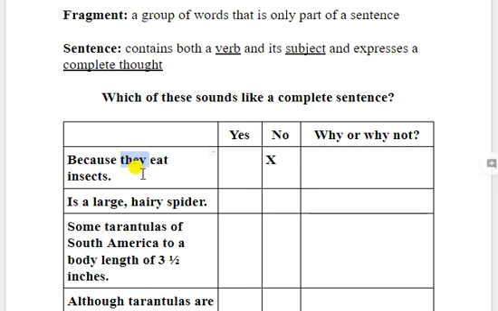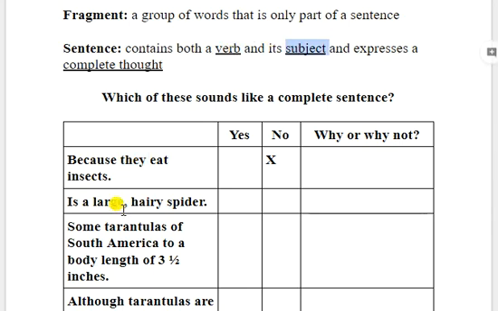Now, some students get hung up on that, and they say, well, there is no subject because we don't know who they is. They is the subject. Now, presumably, if this were in an essay of some sort or an article, the previous sentence would tell you who the heck they are, because they is a pronoun. It's standing in for a noun, okay? So we have our verb, we have our subject.